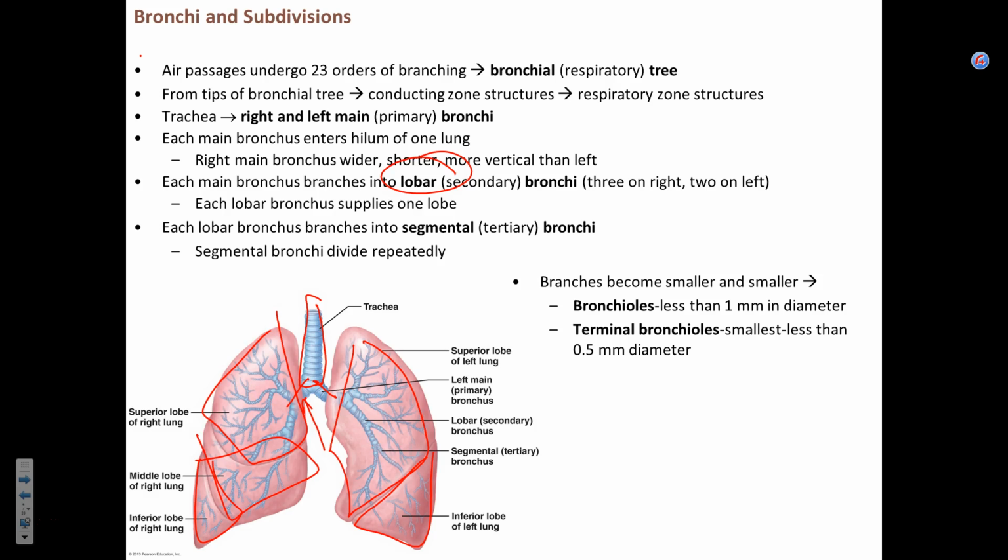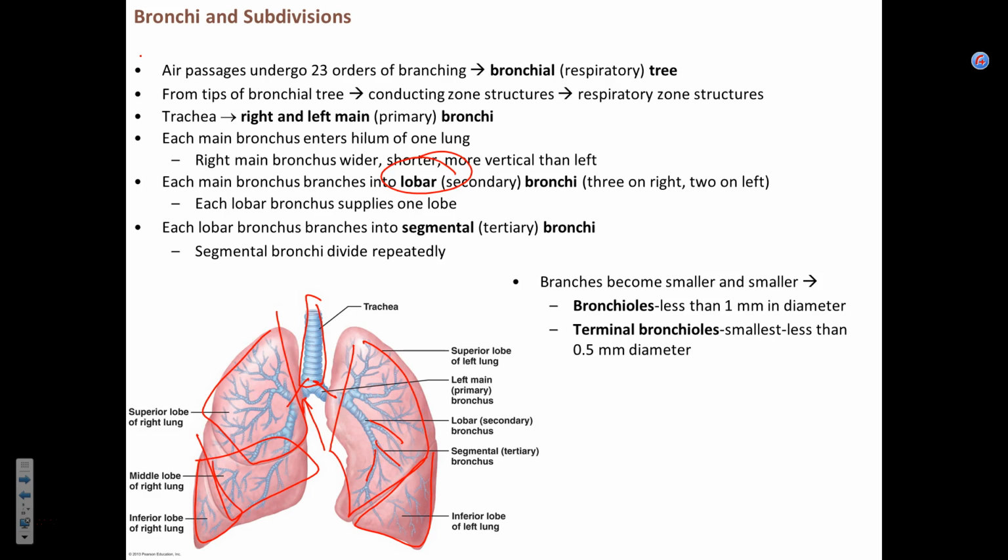Does that make sense? And then each lobe of the lung is separated into segments. So tertiary bronchi start to supply segments. So that's segmental bronchus, that's segmental bronchus, that's segmental bronchus. So far, that makes sense. We're clear?